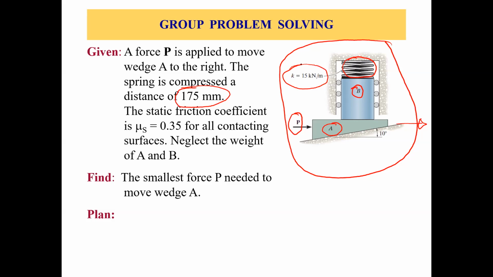The important thing to note is that as we have rollers on the right and left side of block B, we don't have friction there. So the only friction forces are between block B and wedge A, and between wedge A and the ground surface. Now we need to find the smallest force P needed to move the wedge A.